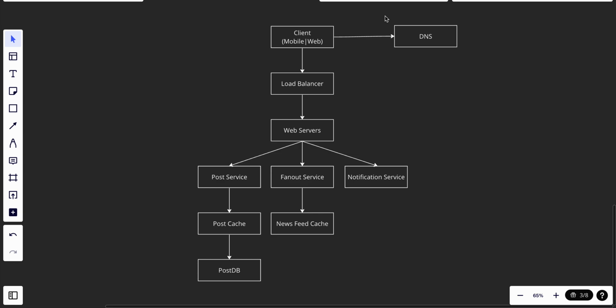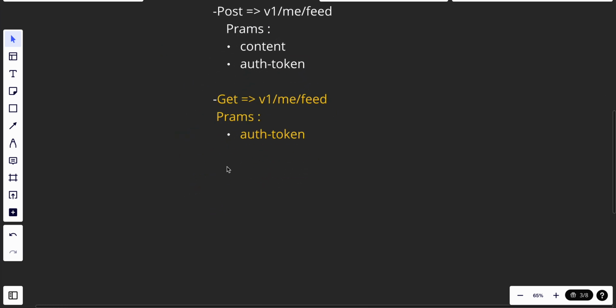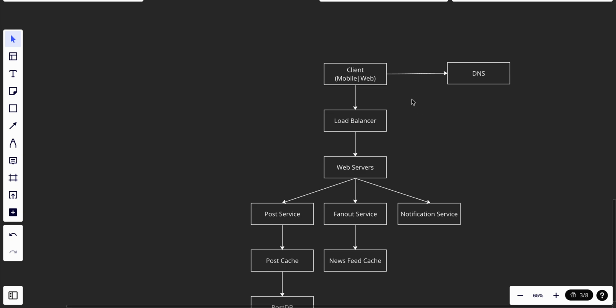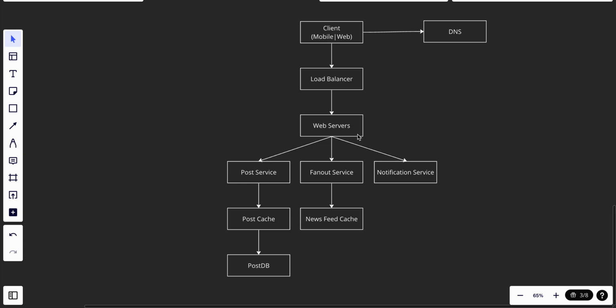So the user who wants to view the news feed from the mobile app or from the web app will have to connect with this get API. Okay, and he will connect with the load balancer with the API and with its IP address. The load balancer will distribute the traffic to different web services.